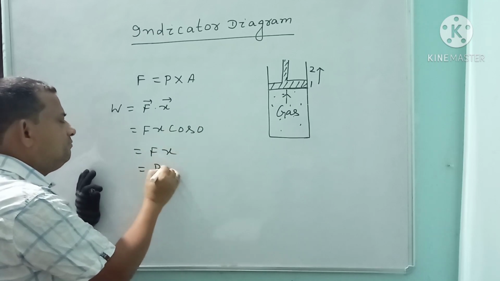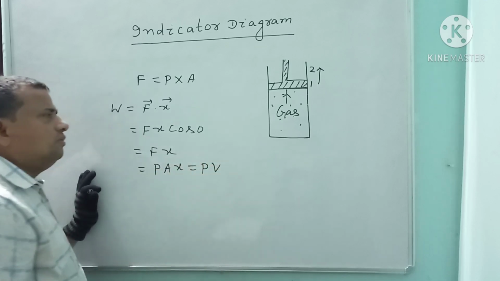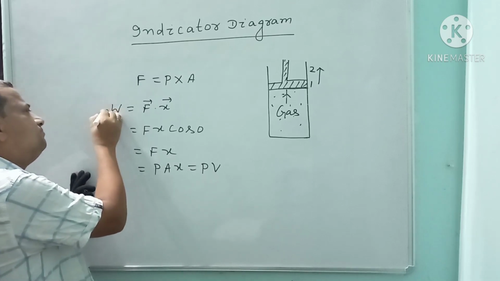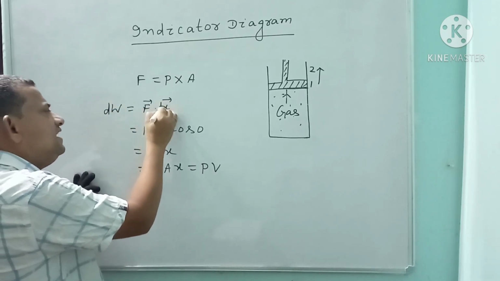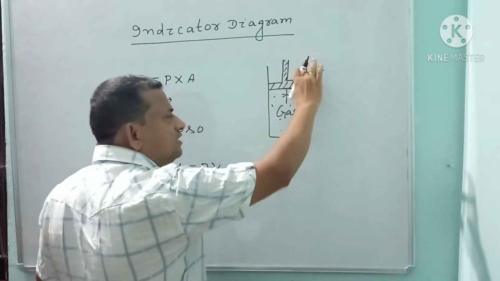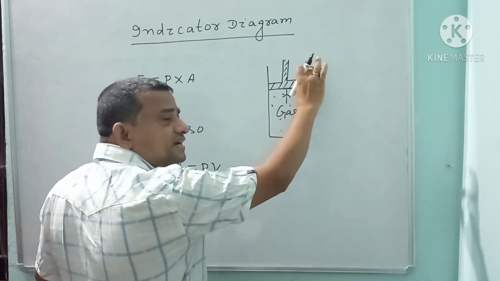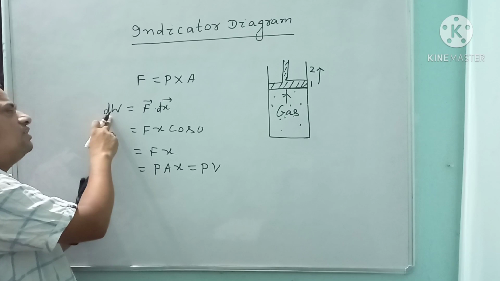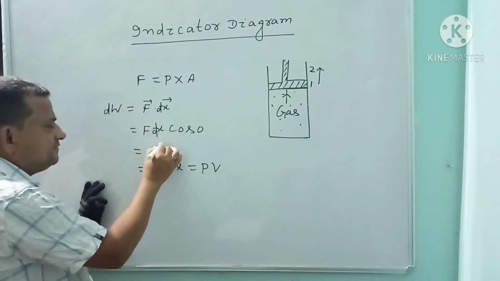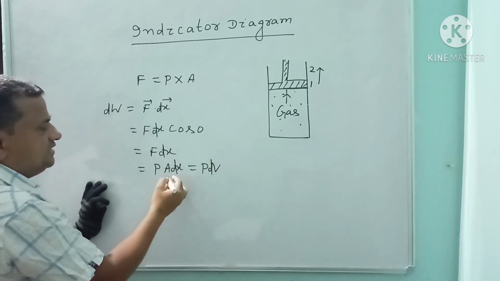This is pressure into volume. Of course, students, if I take a small displacement dx due to gas pressure, a small work done dW will be there, and accordingly the volume changes. What is this?